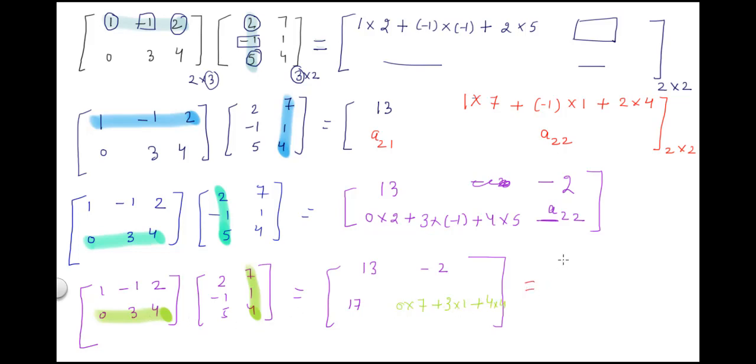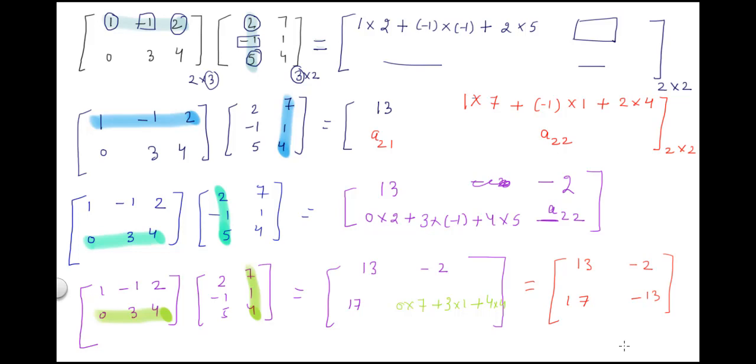So we get the final matrix answer as 13, minus 2, 17 and minus 13. Right? So what we have done, we have multiplied matrix C with matrix D and got a matrix of order 2 cross 2. So this is how matrix multiplication works.